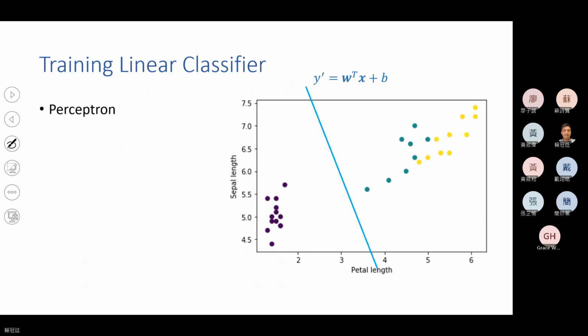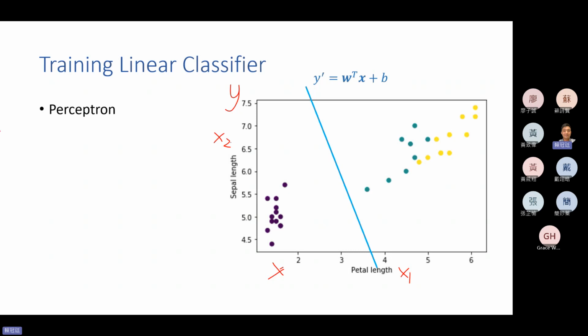Linear function. First, please note that in this figure, in geometry we usually represent the horizontal axis as x and the vertical axis as y, right? But here we do not do that.